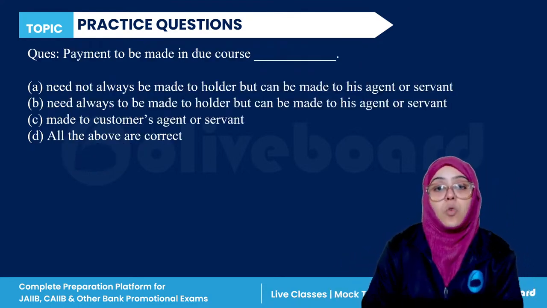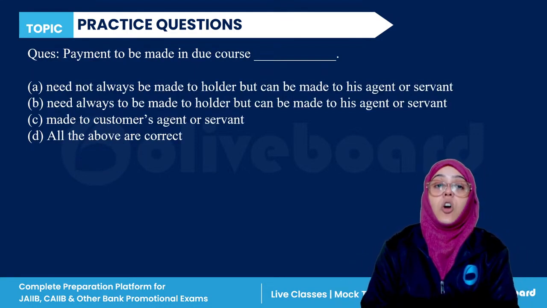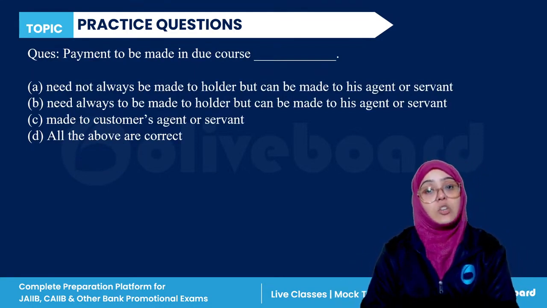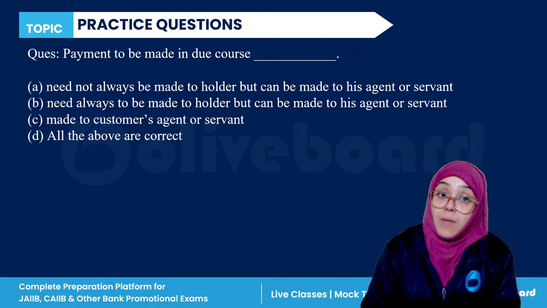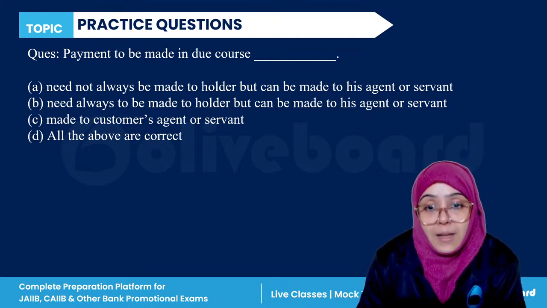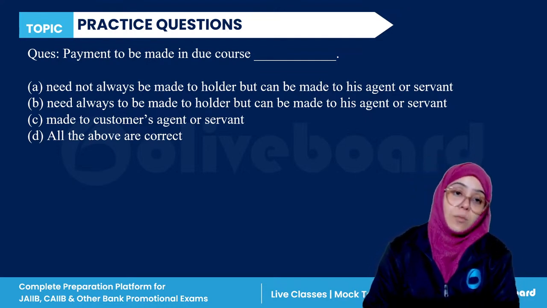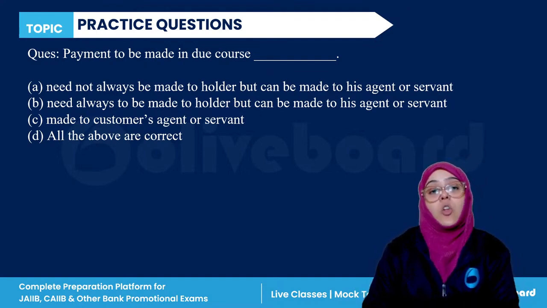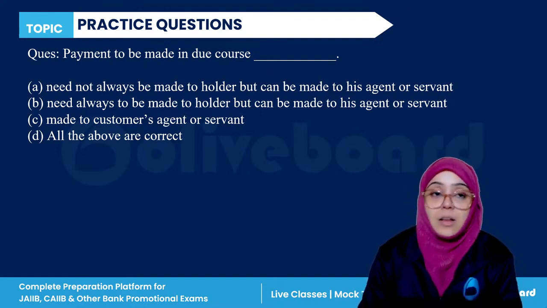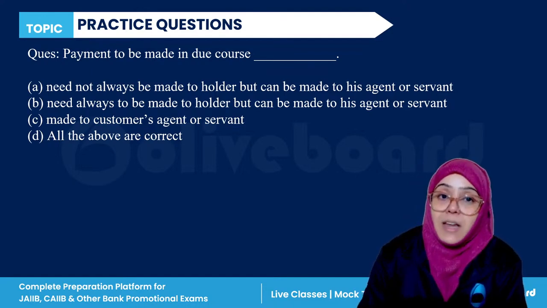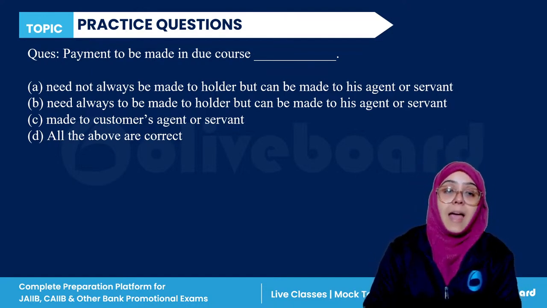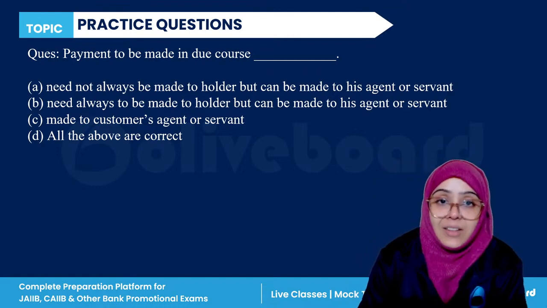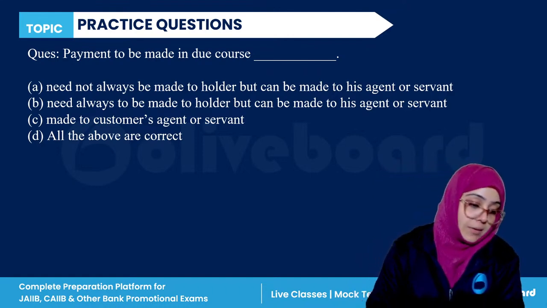Next, payment in due course need not always be made to the holder but can be made to his agent or servant. Made to the customer's agent or servant, or all of the statements are correct. Payment to be made in due course is actually what?